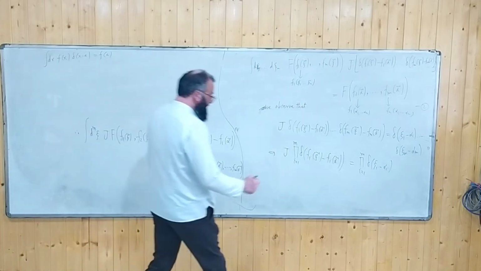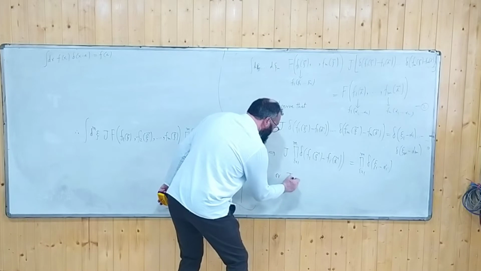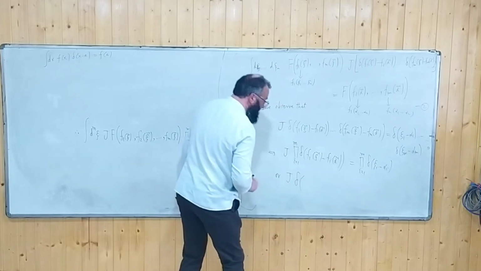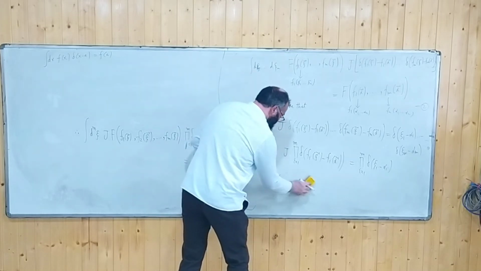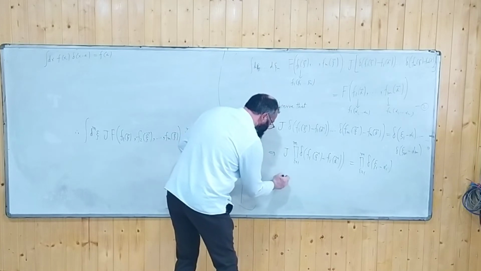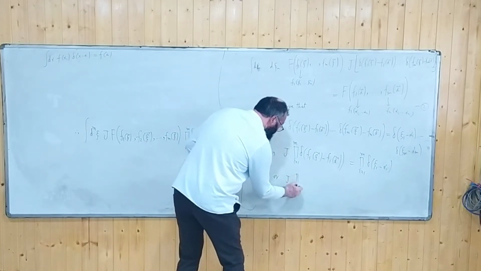Now this I can write simply as J times an m-dimensional delta function.